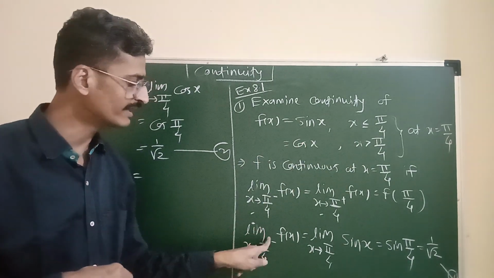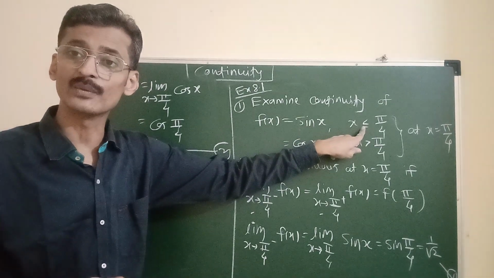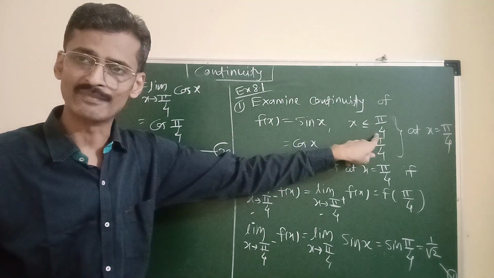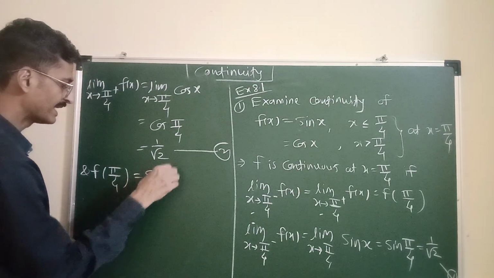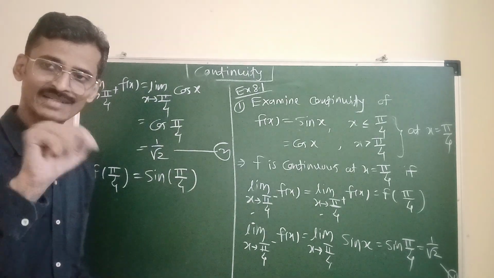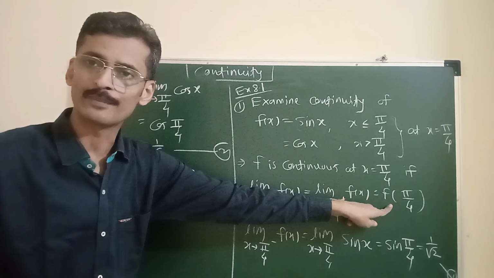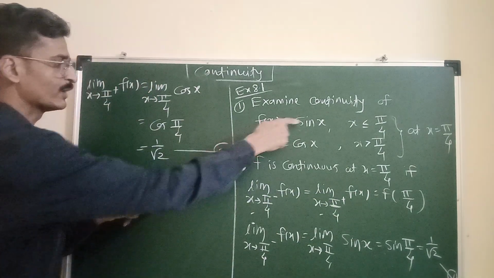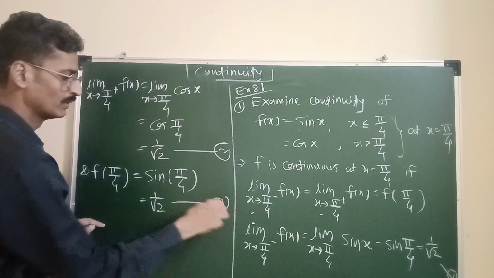Here we write for less than pi by 4. Now the second part, that is equal to. So x equal to pi by 4, the function is the same, sin x. So here write directly sin of pi by 4. As we are taking it at that point, no need of limit here. We want f of pi by 4. So that is sin of pi by 4. Sin of 45 is 1 by root 2.